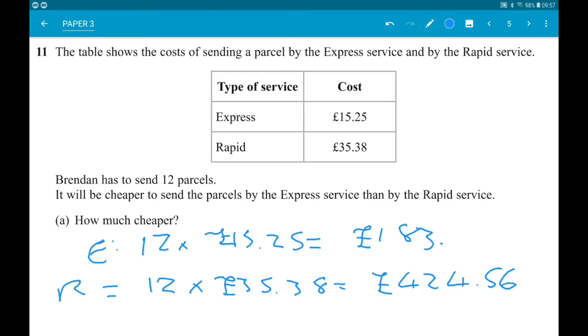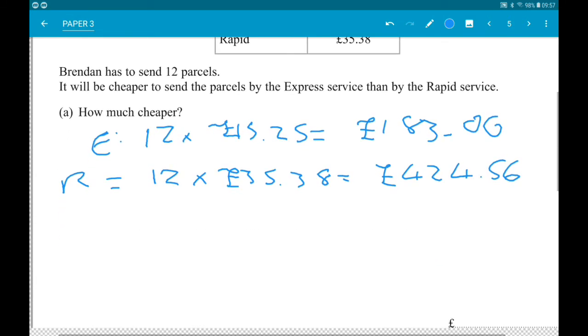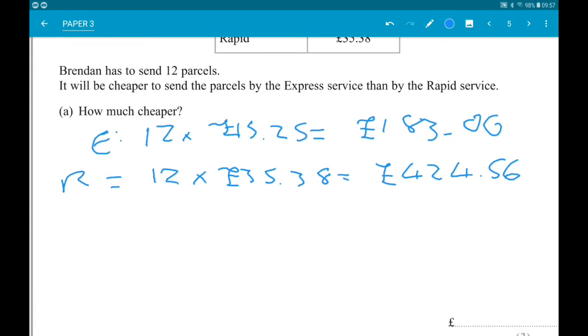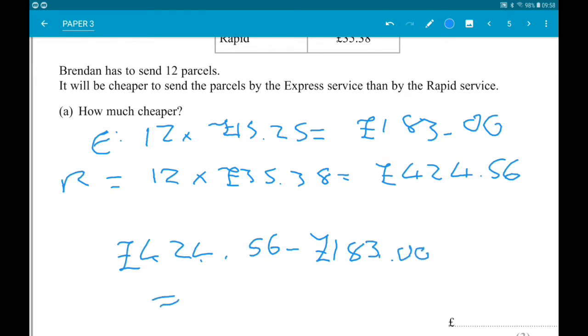So, to then work out how much cheaper express is, we do 424.56 minus £183, and that gives us £241.56.